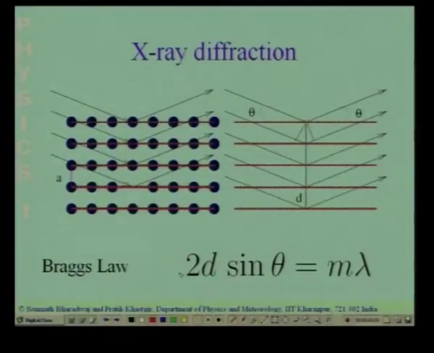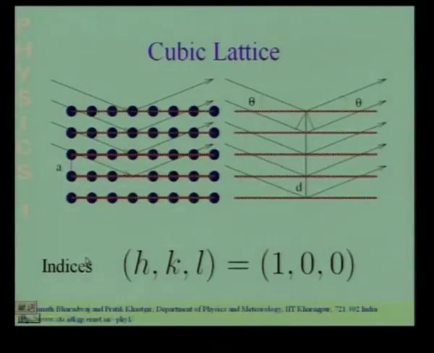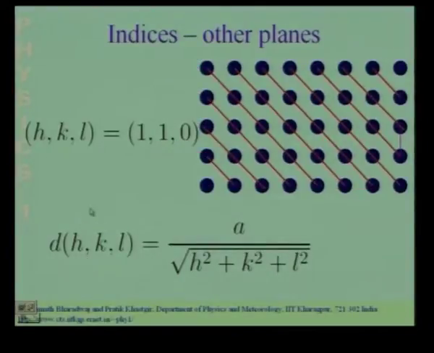Let me show you another possible set of planes. So, this shows you another possible set of planes which can be drawn through that crystal, and when you have X-ray incident on this lattice and you want to find out where the maxima will occur, you have to consider reflection from all such planes.